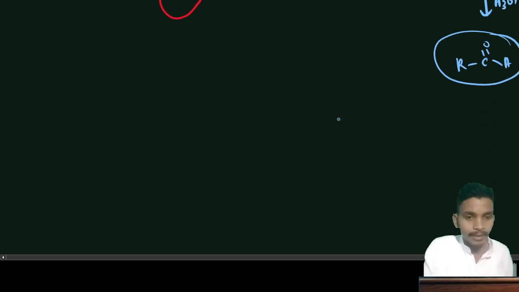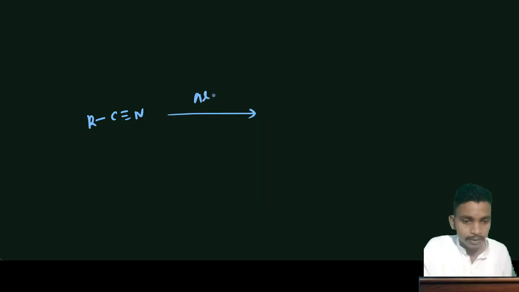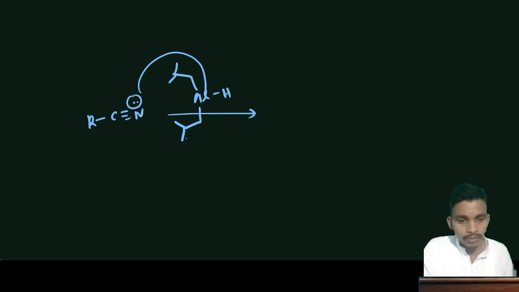Similarly, if we have nitrile groups, let's say RC triple bond N, and you have your DIBAL-H, that is aluminum hydride with isobutyl groups. Now the nitrogen has a lone pair, so it will donate to this aluminum.